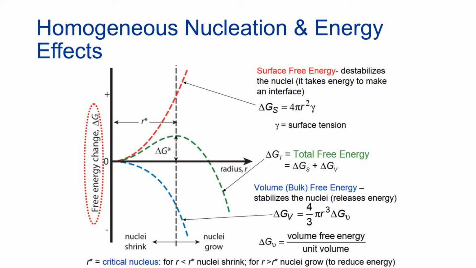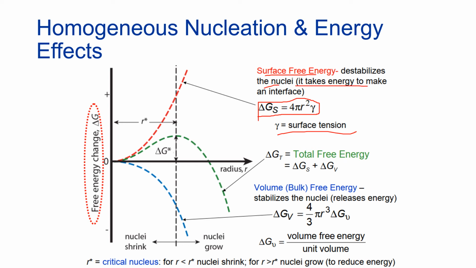In this plot there is one red dotted line which represents the equation ΔGs = 4πr²γ, where γ is the surface tension, and surface free energy destabilizes the nuclei.